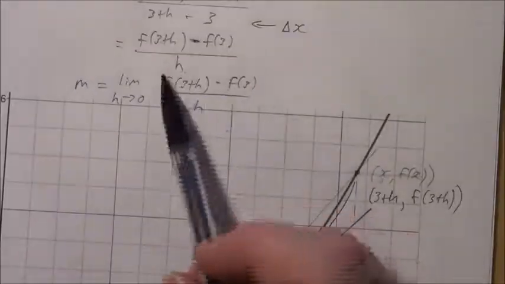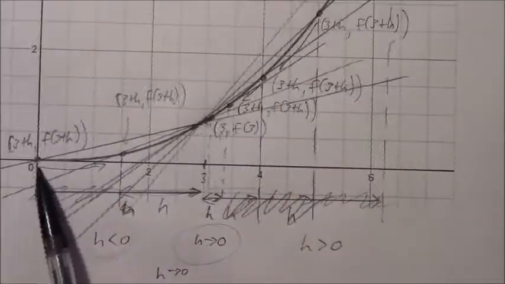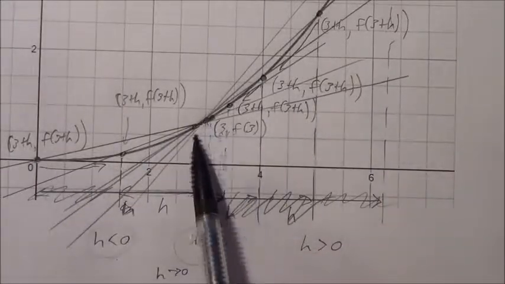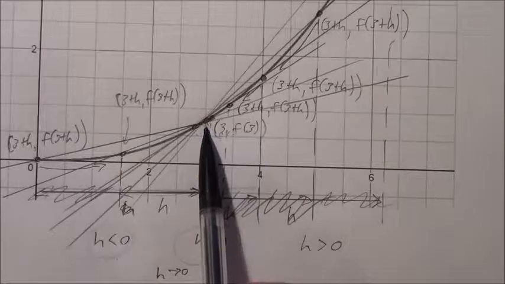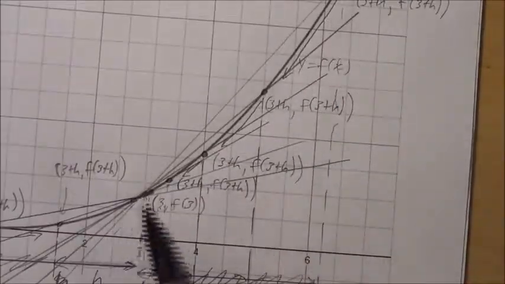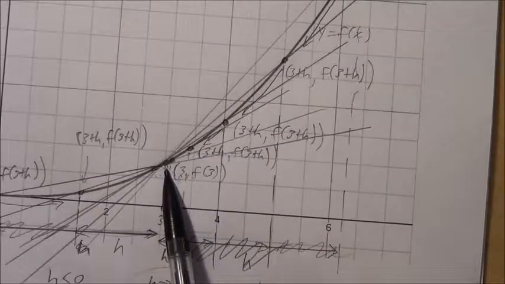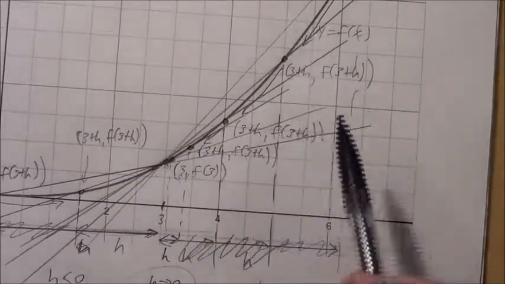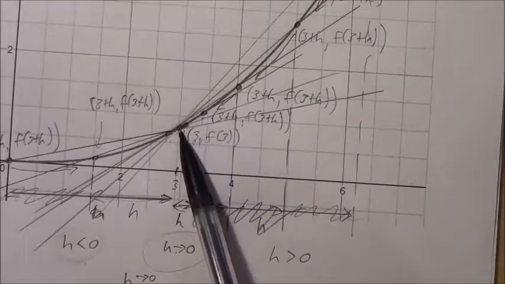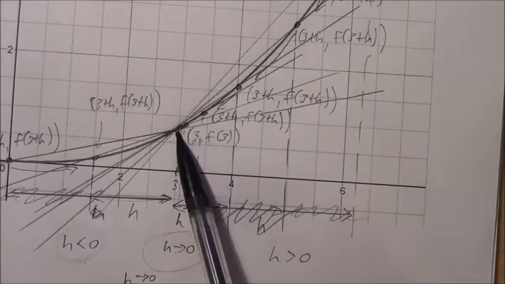The same sort of idea, we can do the same calculations, and as we go, we're going to see that the gradient of all of these secant lines to the left of this key point of 3, and all these secant lines to the right of x equals 3, are going to begin to zero in on one gradient, the gradient of the tangent at 3, f of 3.